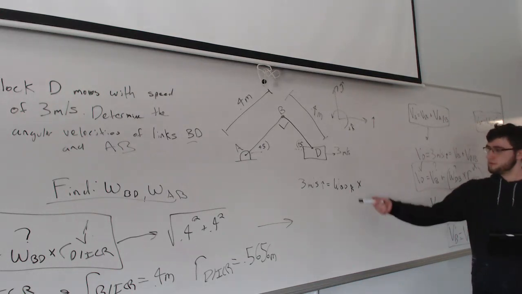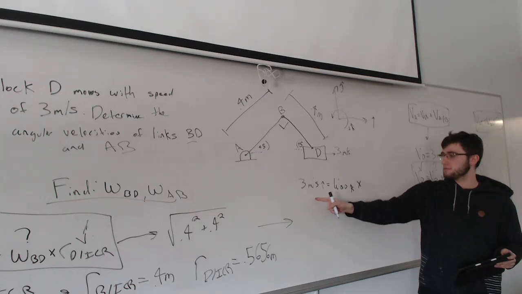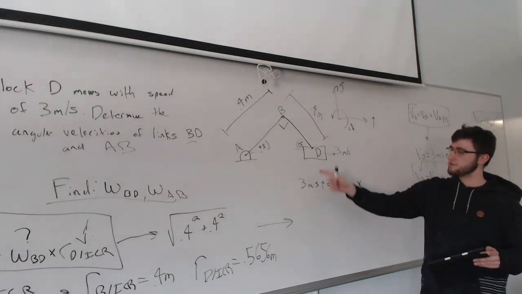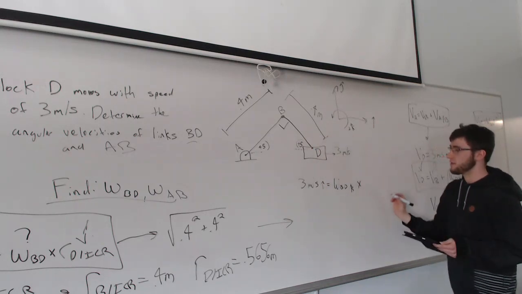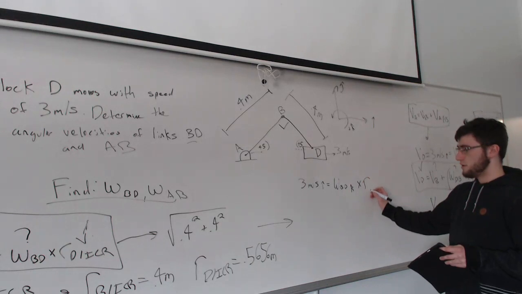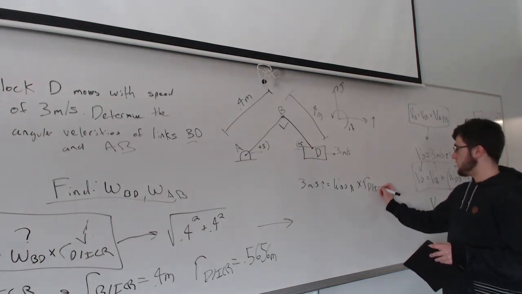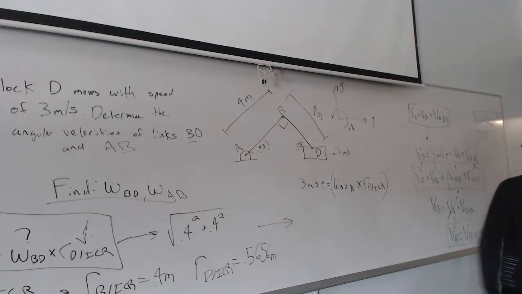So the velocity of D, 3 meters per second, is equal to the angular velocity of that link, then the cross product with this term right here. That's what that equation simplified to.